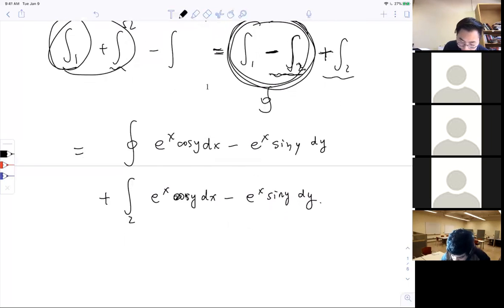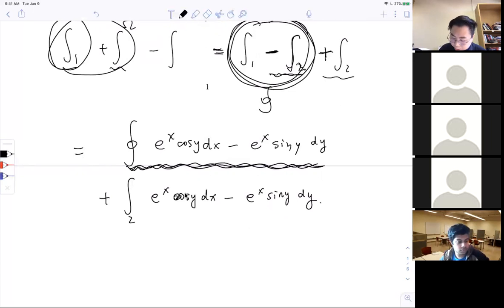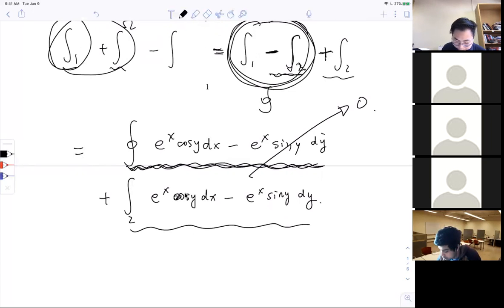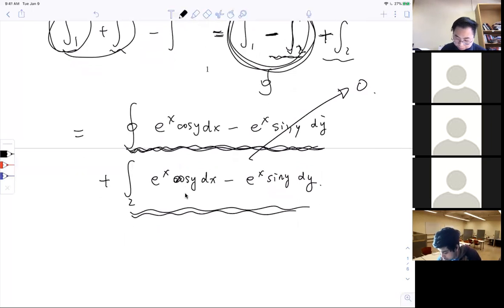So basically, for the first step, for this closed loop integral, we apply Green's theorem. I think everyone can do this. Just plug into the formula, and you will find that this guy goes to 0, and only the second term is left.